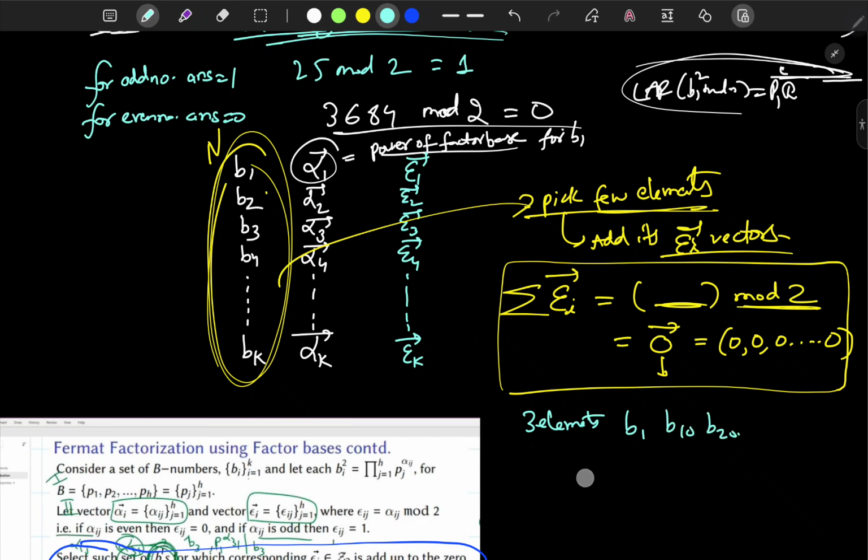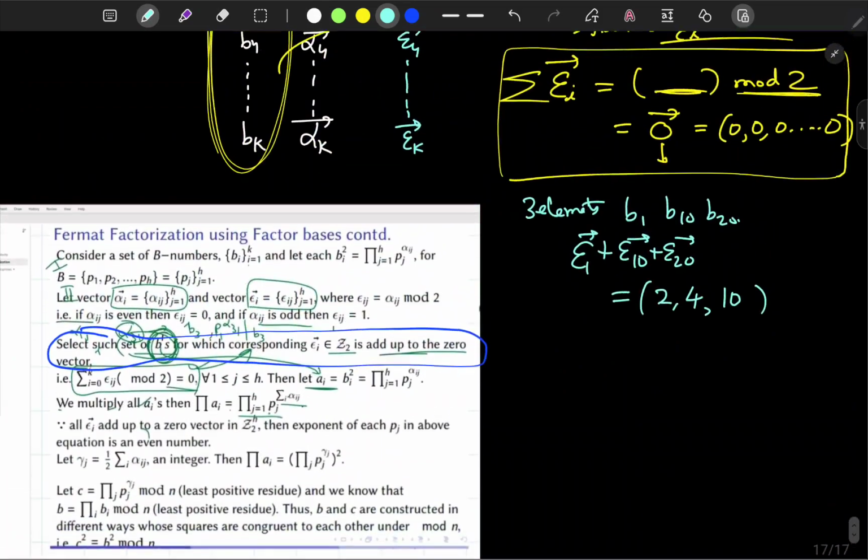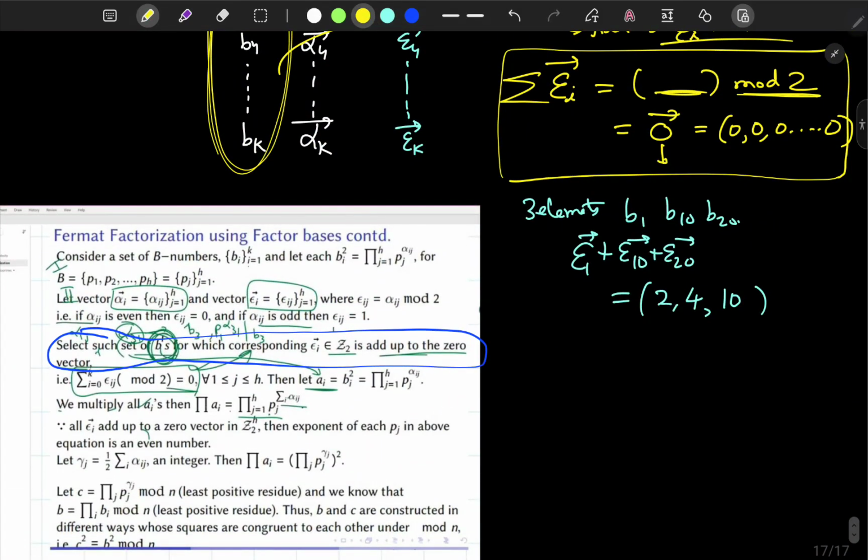When I sum up epsilon i1 bar, epsilon 10 bar, epsilon 20 bar, I get the value, let's say 2, 4, 10. Let's say I am taking only 3 components. Now apply mod 2 on this vector.